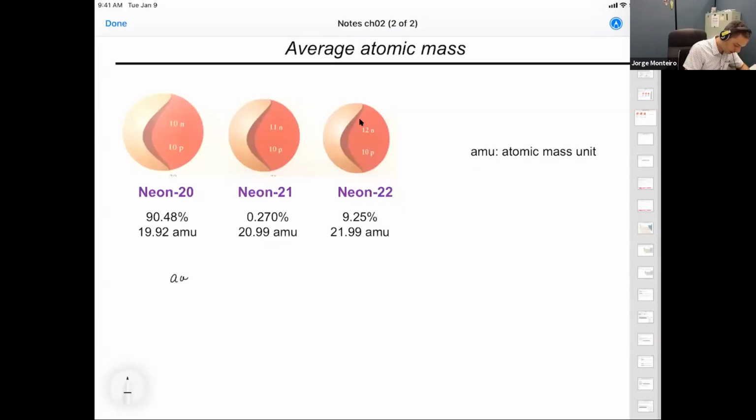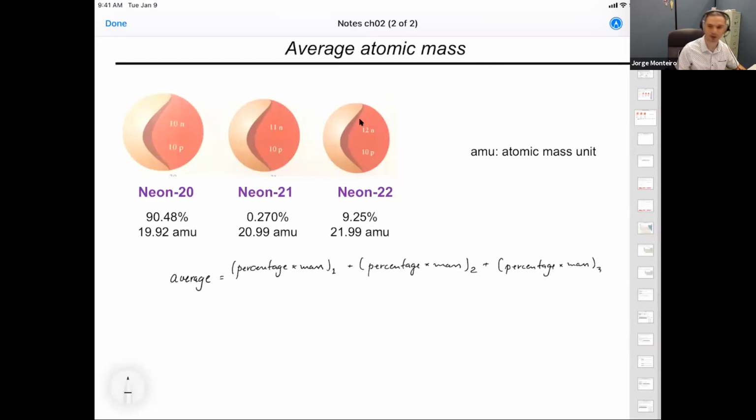So to determine the average atomic mass, we are going to do the percentage times the mass for isotope number 1, plus percentage times the mass for isotope number 2, plus percentage times the mass for isotope number 3.